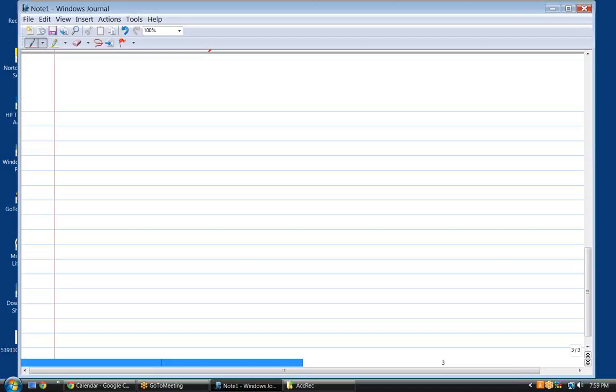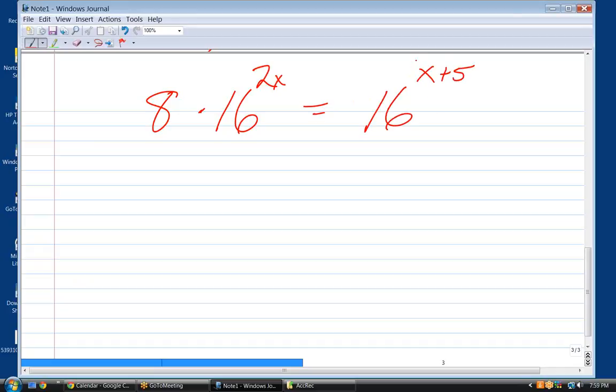This one's not like that, but 8 times 16, and then the 16 is raised to 2x, equals 16 raised to the x plus 5. Are you going to have to get it down so the base is a 2 for all of them?